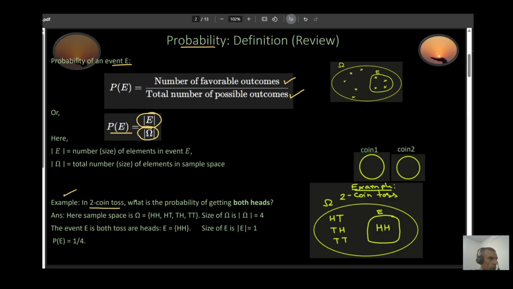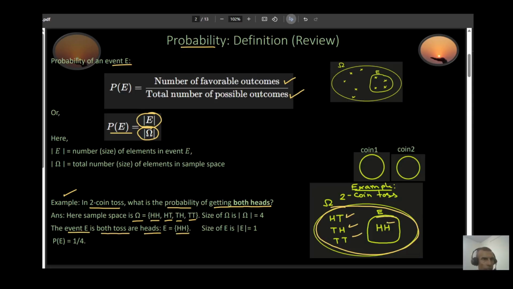In a two-coin toss, the question is, what is the probability of getting both heads? Here my sample space is: I can get head head, head tail, tail head, and tail tail. I just drew this sample space right here. These are the four elements of my sample space omega. Now in this case, my event E is both tosses are heads, so my head head right here.